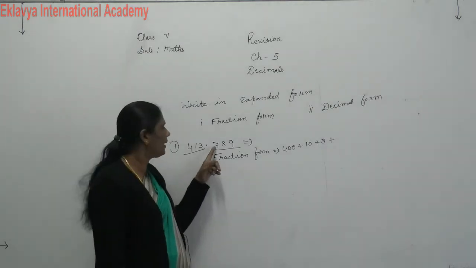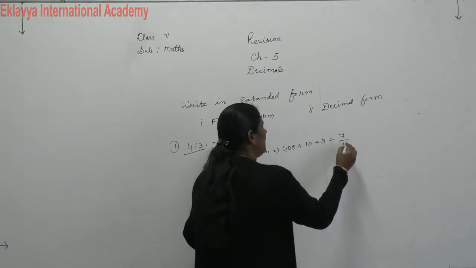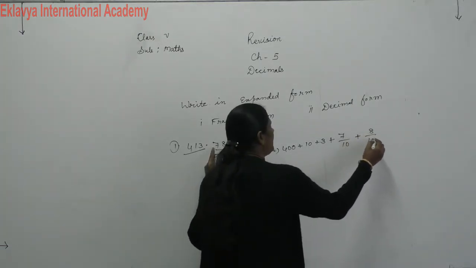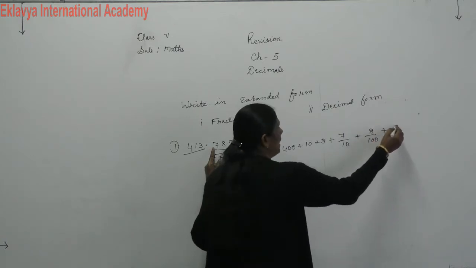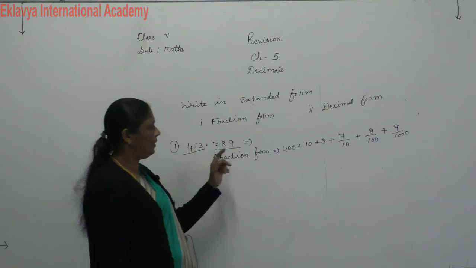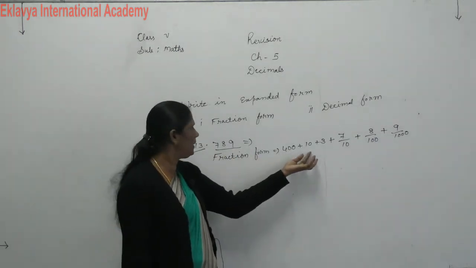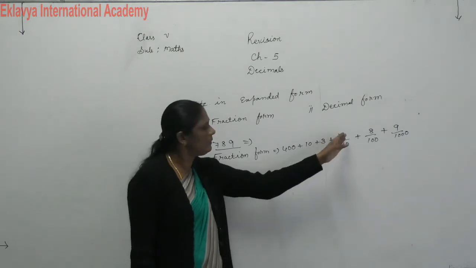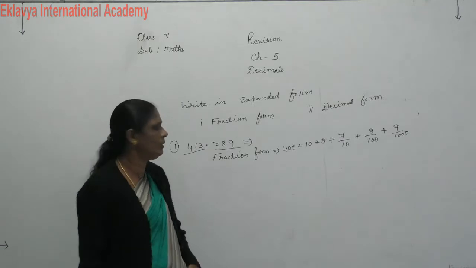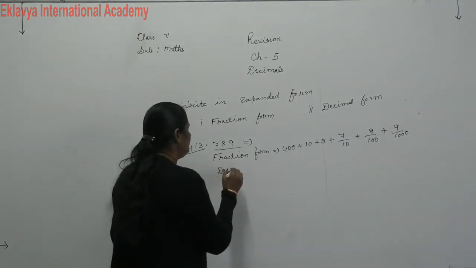Now we write the decimal part, 7 upon 10 plus 8 upon 100 plus 9 upon 1000. Understand you? In fraction form, 400 plus 10 plus 3 plus 7 upon 10 plus 8 upon 100 plus 9 upon 1000.